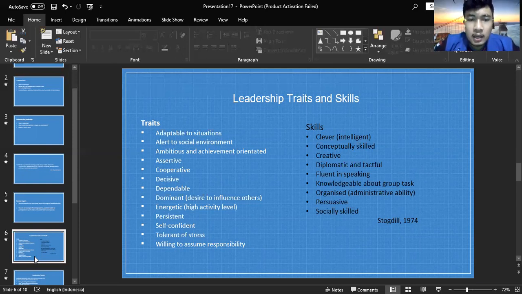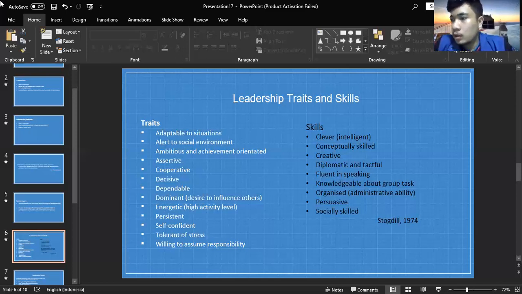Second, alert to the social environment, and ambitious and achievement oriented. A leader in the team must be ambitious. You must touch your team so your team can get positive energy. Positive energy can make your teamwork effective.